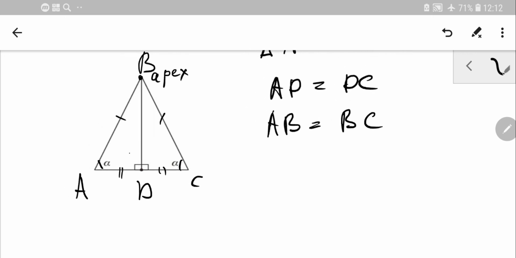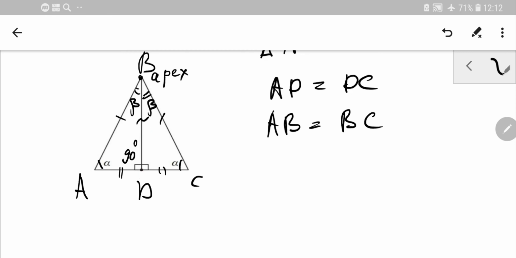And we also know that this angle is 90 degrees. So we have two equal sides and the angle between them, and one side is common. Basically we can say that three sides are the same, so all angles should be the same. So here is beta and here is beta.